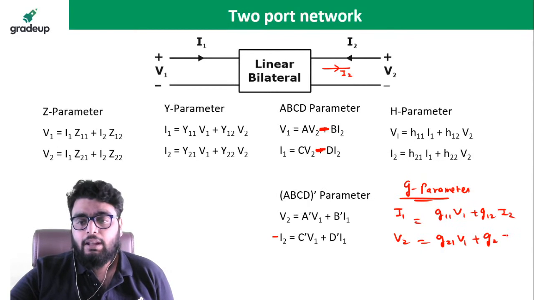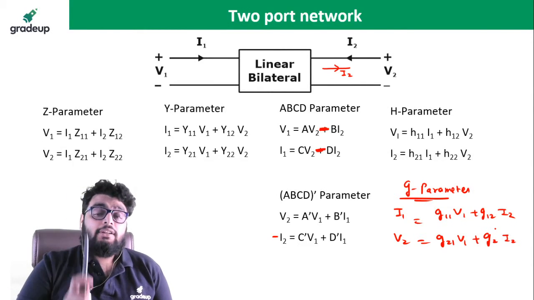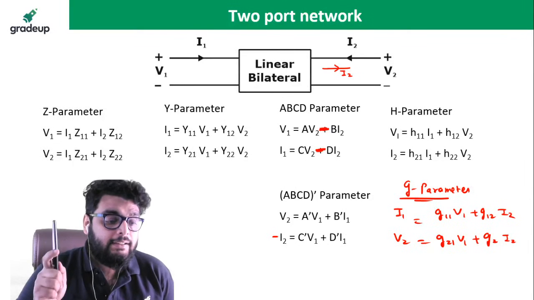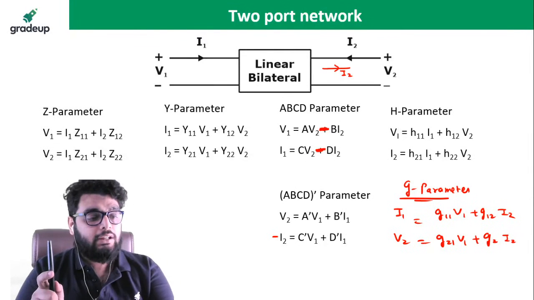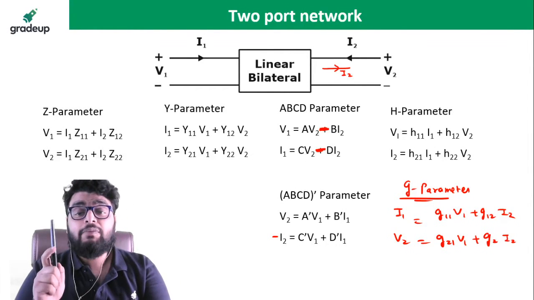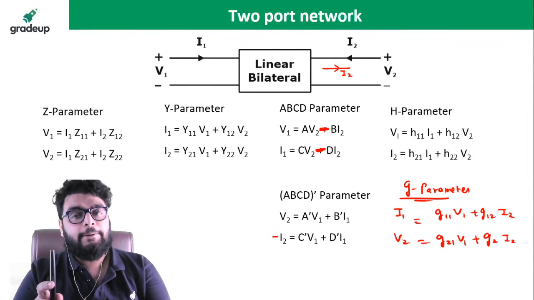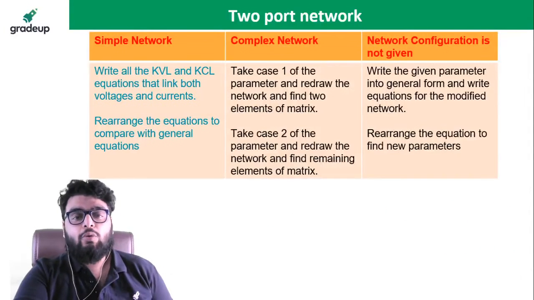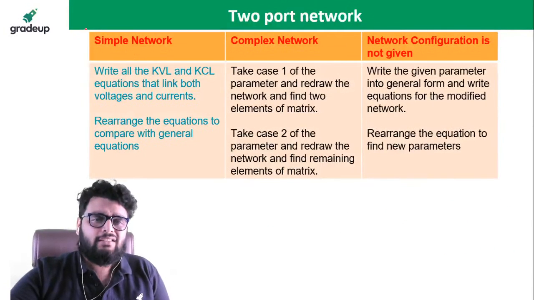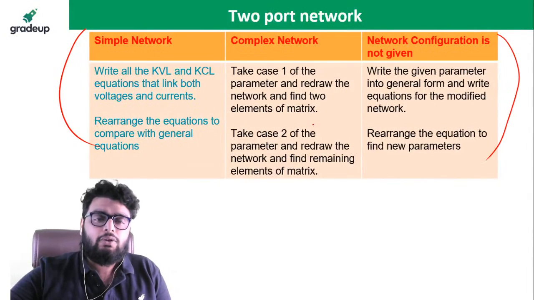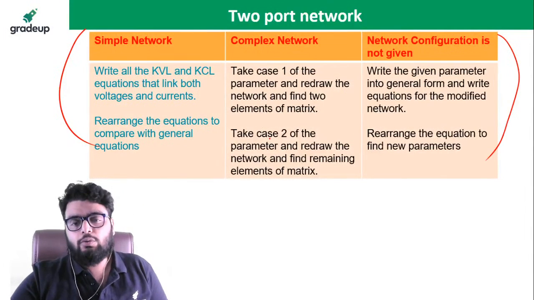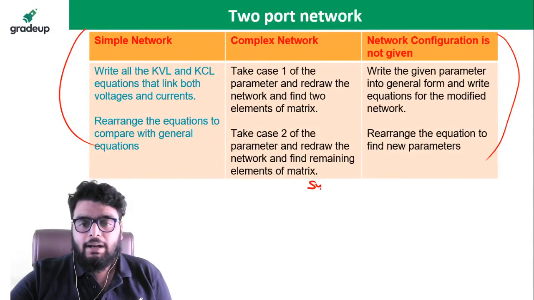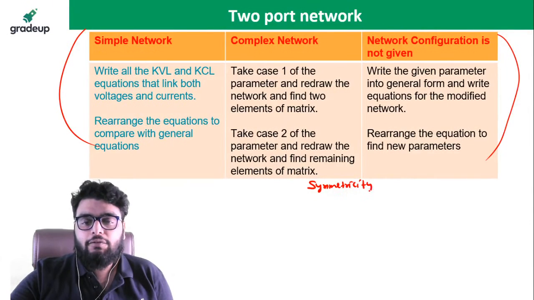Okay, fine. And guys, yesterday's class was very important because I discussed the basics of a network, as well as the symmetricity and reciprocity. So today we are going to solve the questions. First of all, just for the recap, you can see this particular page. I told you how to solve the question, and here I'm again telling you the condition for symmetricity.